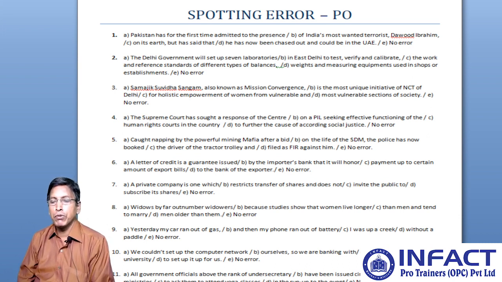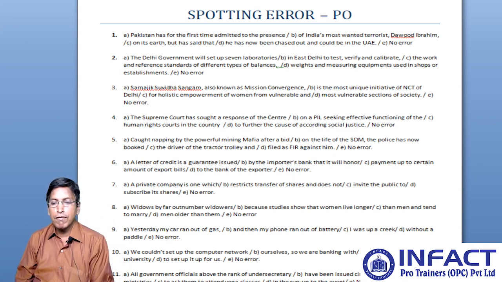The Supreme Court has sought a response of the Centre on a PIL seeking effective functioning of the human rights courts in the country to further the cause of according social justice. Is there any change required in this? The Supreme Court has sought a response of the Centre on a PIL seeking effective.